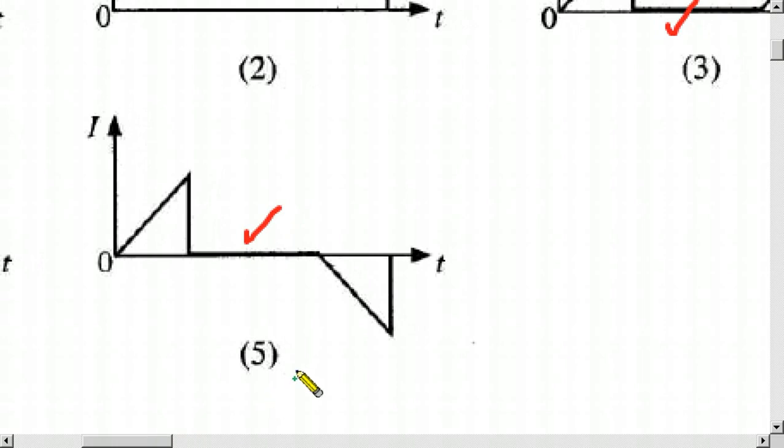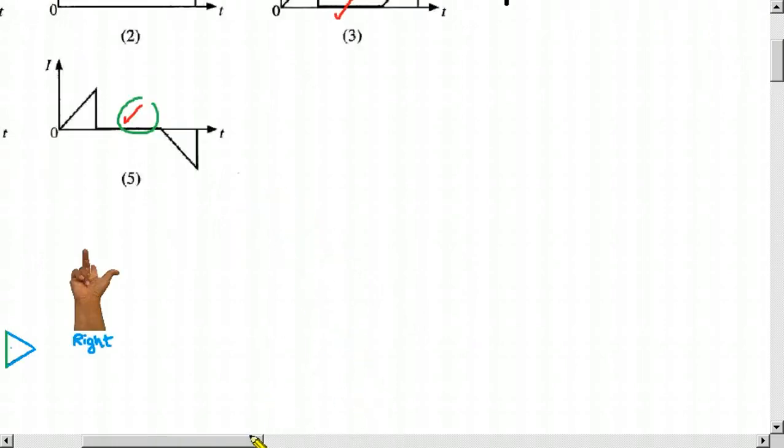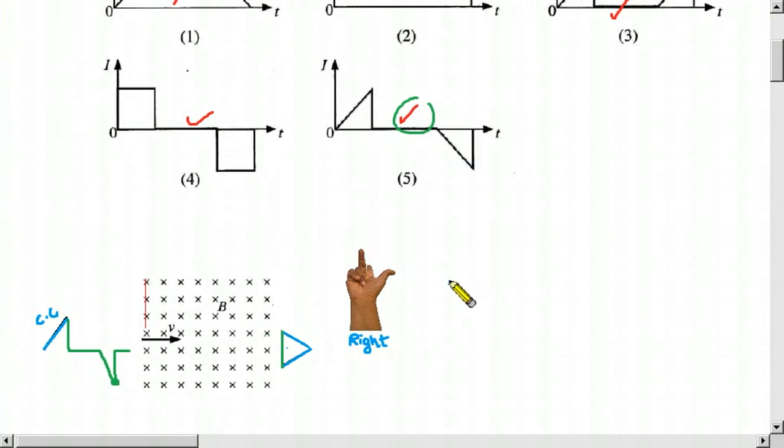So this one is correct, therefore the fifth one is the correct one for this question. So you have to take into account the direction of the current and the magnitude. The magnitude depends on the net length or the resultant length like this.